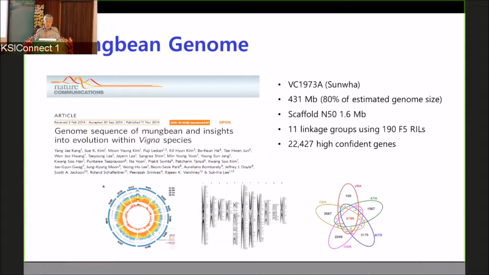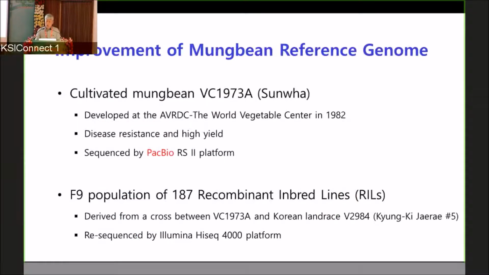We plan to improve mungbean reference genome sequence using PacBio long-read assembly, as I mentioned earlier. And the same genotype, VC1973A, was selected, and the DNA was extracted. The DNA of VC1973A was sequenced by PacBio RS2 platforms.